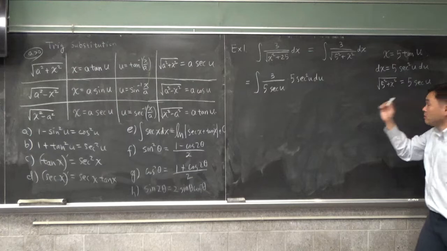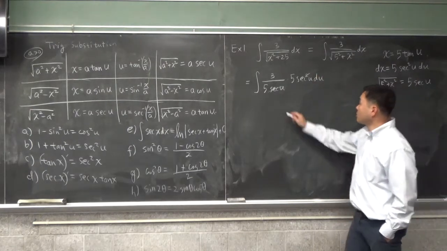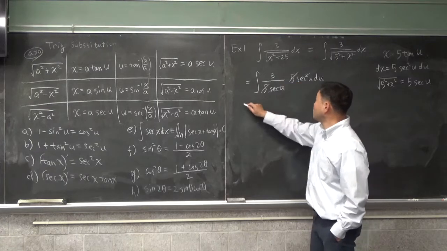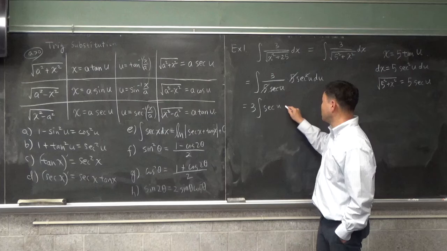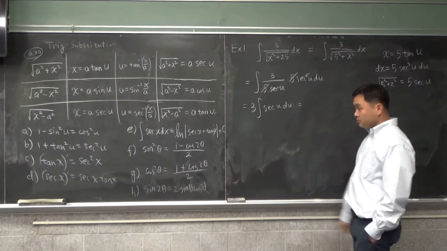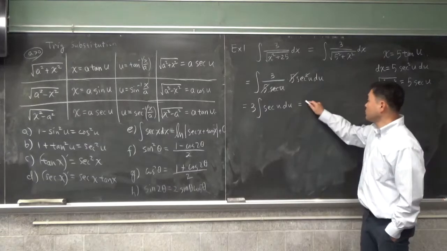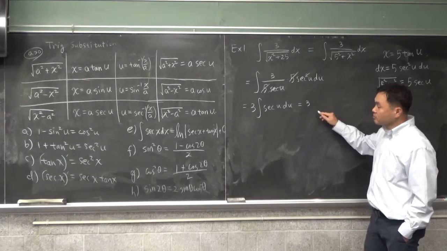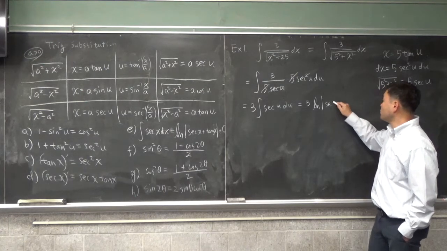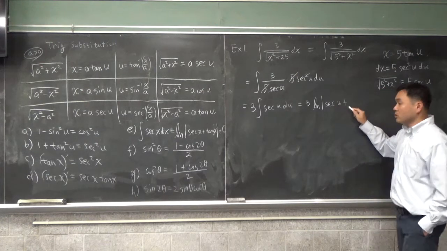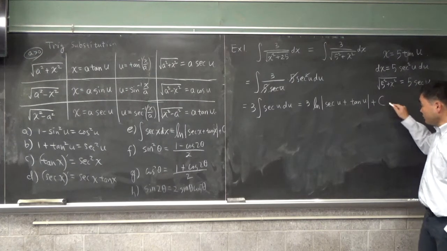Then secant u cancels with the secant squared there, 5 cancels, so you just have the integral of 3 times secant of u du, and as I wrote here, it's 3 times ln of absolute value of secant of u plus tangent of u plus c.